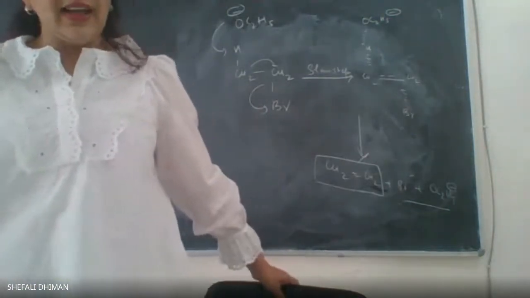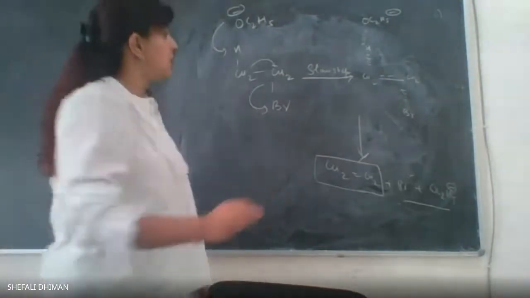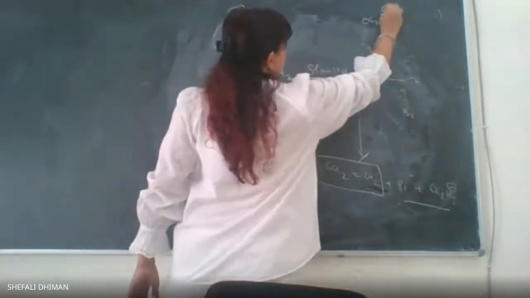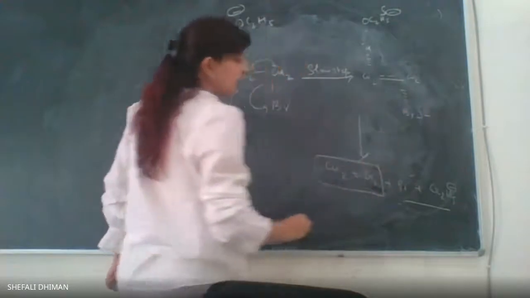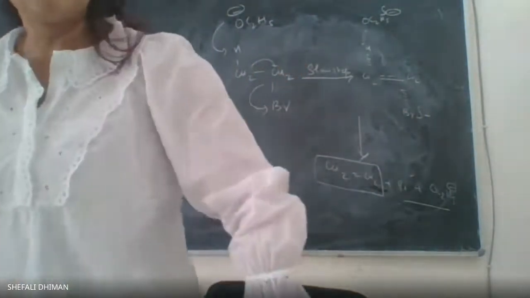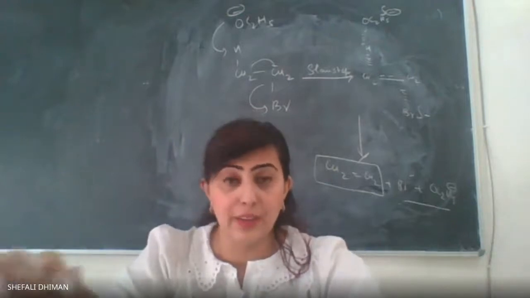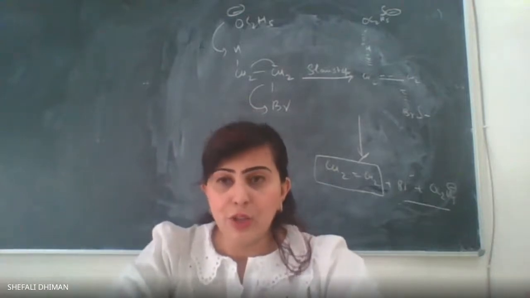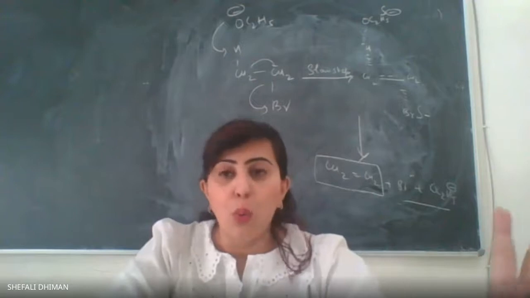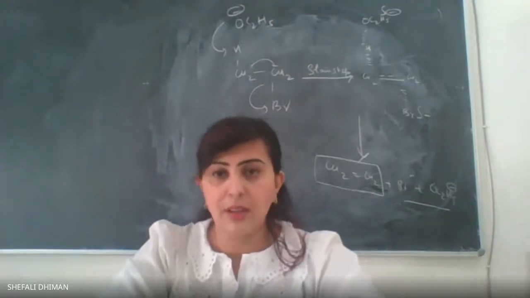It is said that the E2 elimination is a concerted reaction. I'm using the adjectives; there are certain adjectives which need to be told here. E2 is a concerted one-step reaction.